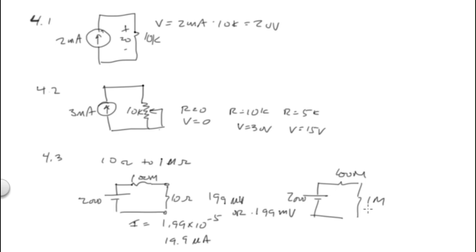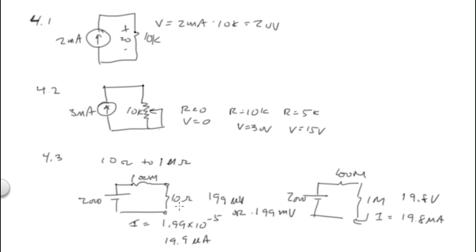The current is equal to 19.8 microamps. If you multiply that times 1 meg, that gives us 19.8 volts.